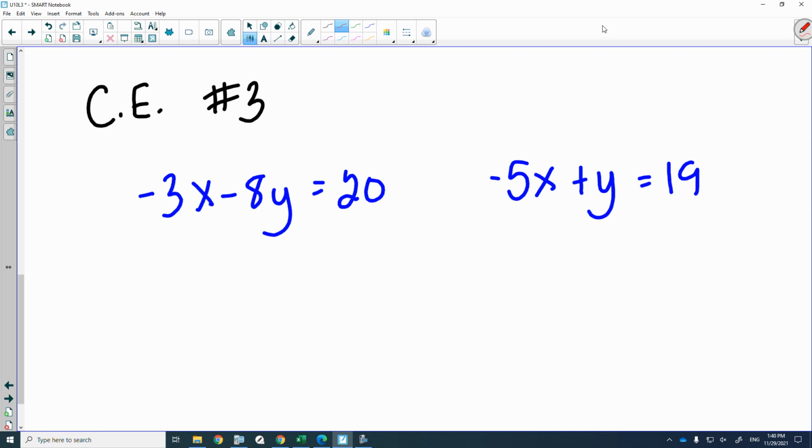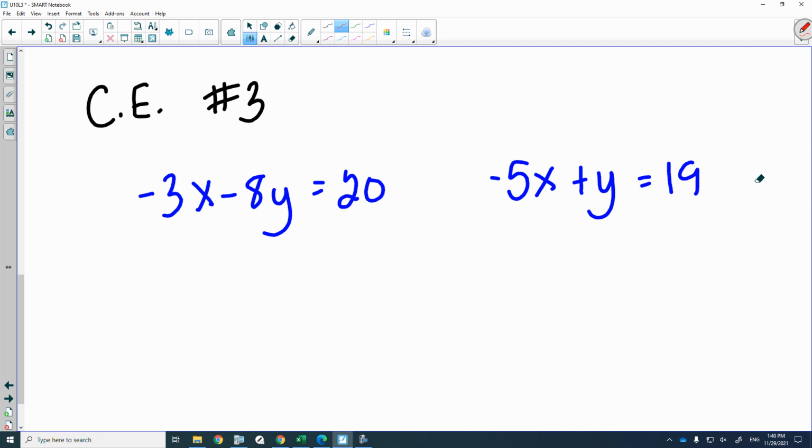Raise your hand if you know which is the system that you could solve for a variable in one move. It's about half. Anais, which one? It's the second one. Yep. You could solve for this y in one move.